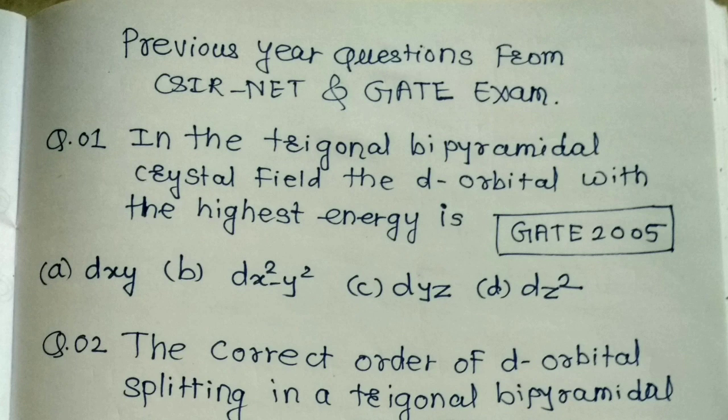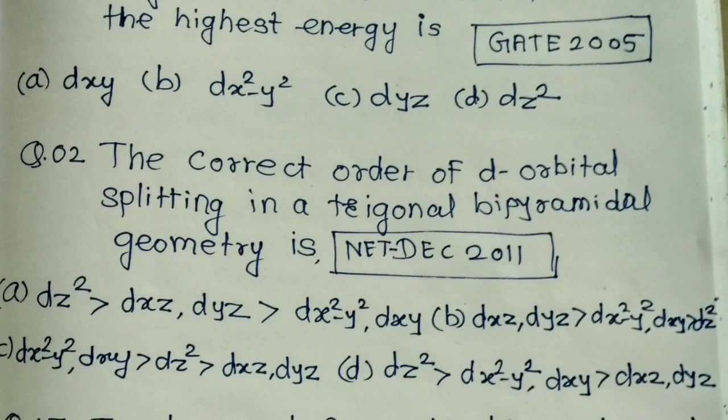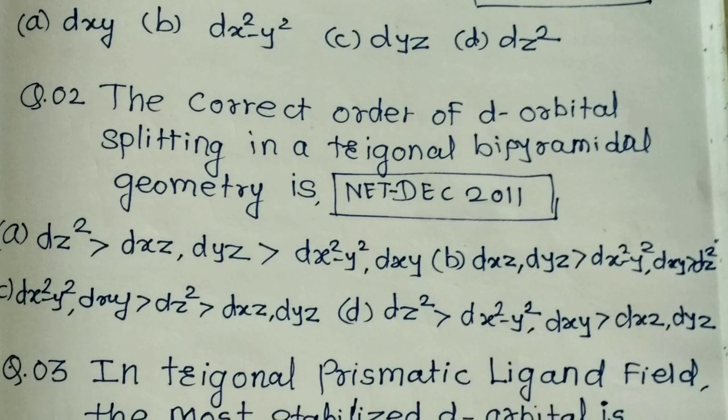This question was asked in GATE 2005. The second question is again on the same geometry, trigonal bipyramidal: the correct order of d orbital splitting. In this case the whole splitting is asked, so the correct option is D.